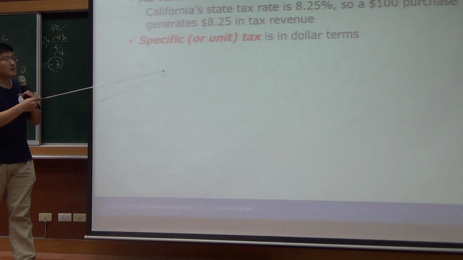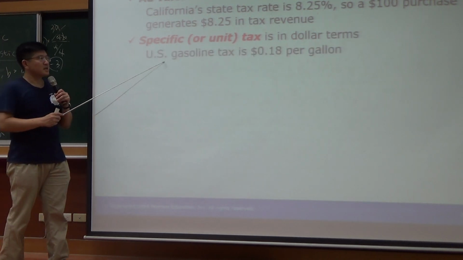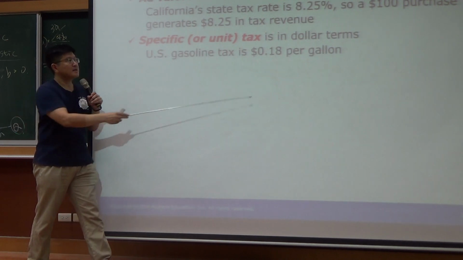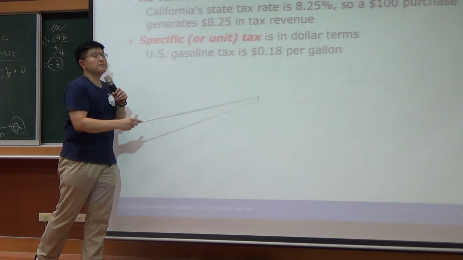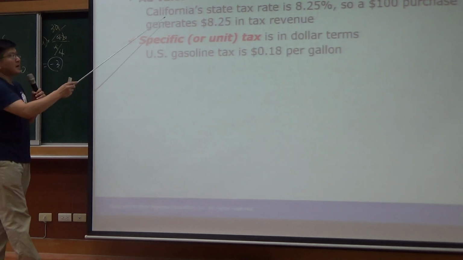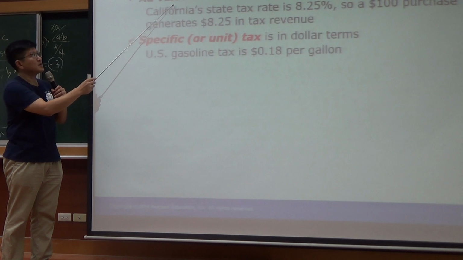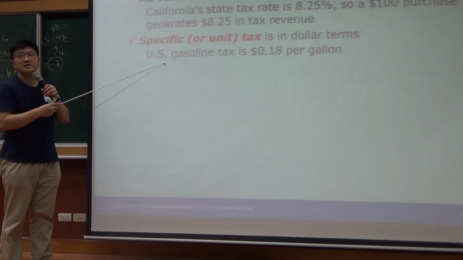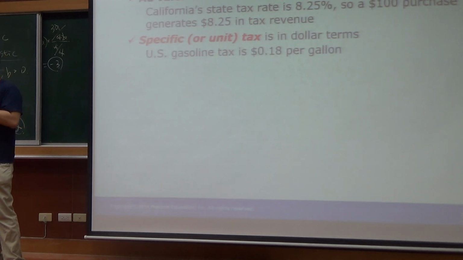Okay, and in contrast, the specific tax, like the gasoline tax, is by quantity, per gallon. So you pay $0.18 per gallon. So this is by percentage of the price. We call it ad valorem tax. And this is according to the amounts you purchase.